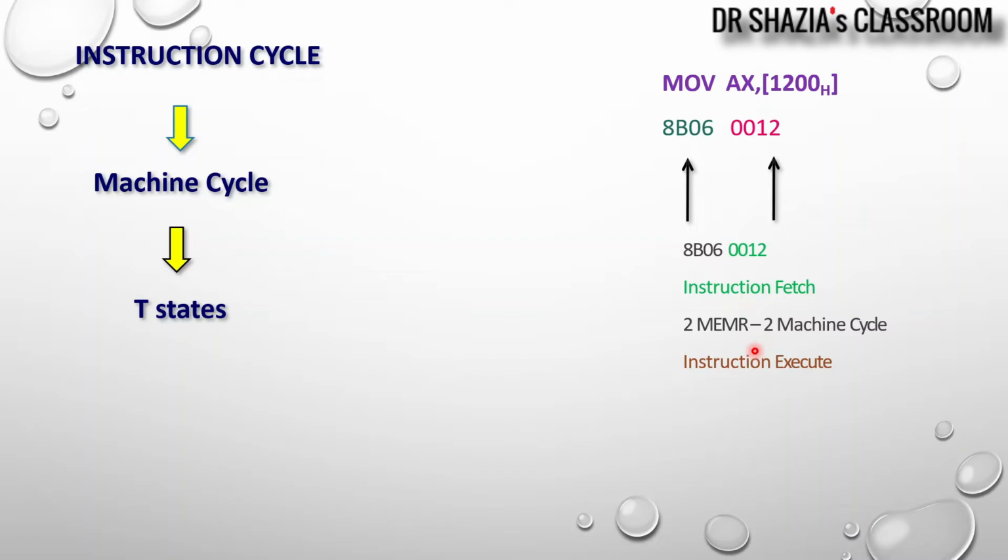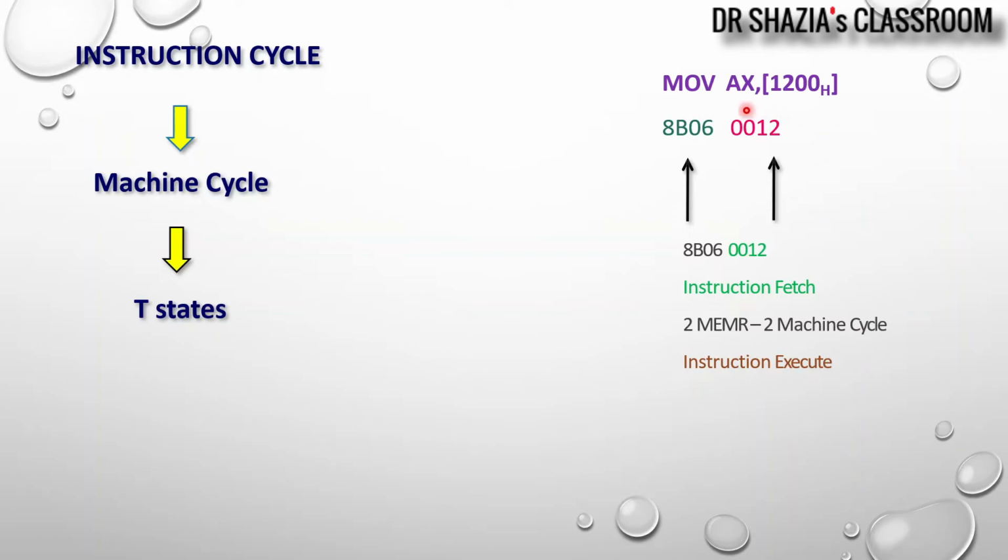Next, after fetching, the instruction will be executed. While executing the instruction, we have to see whether the operands used in the instruction are internal to the processor, or whether we need a bus cycle to fetch the operand. In this case, the content of 1200 and the next memory location, two memory locations, will be copied onto the AX register. So my data is present in the memory, which is external to the processor. So to fetch the operand, I need a bus cycle.